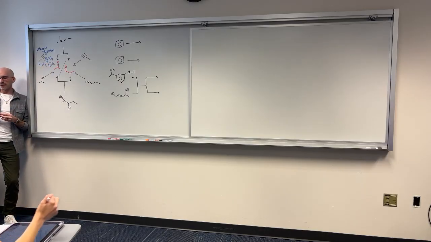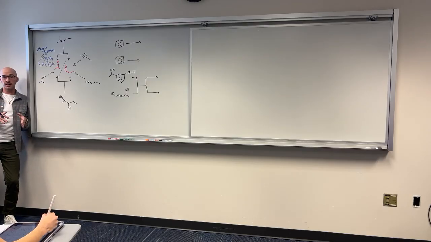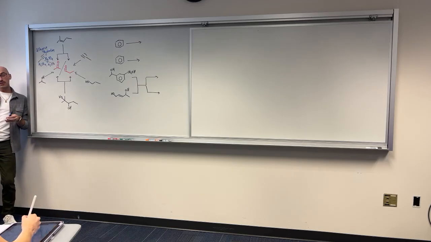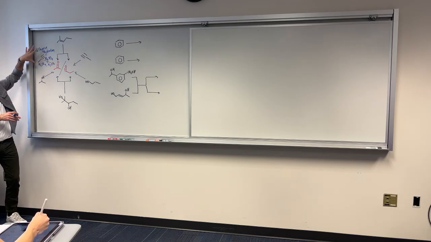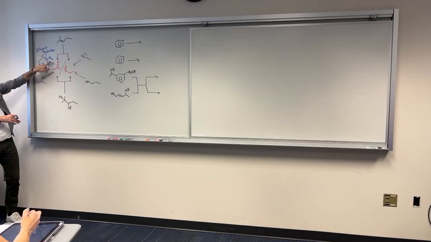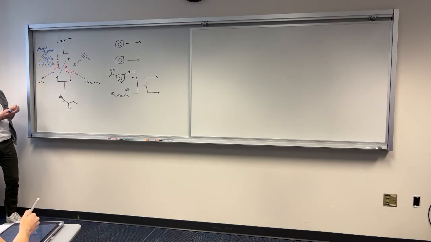You might remember that with alkenes, we do oxymercuration reduction, and we actually use mercury acetate, and then water and acid, or just water, followed by a reductive step with sodium borohydride. This is just oxymercuration, no reductive step. And we're not using mercury acetate, we're using mercury sulfate and sulfuric acid.